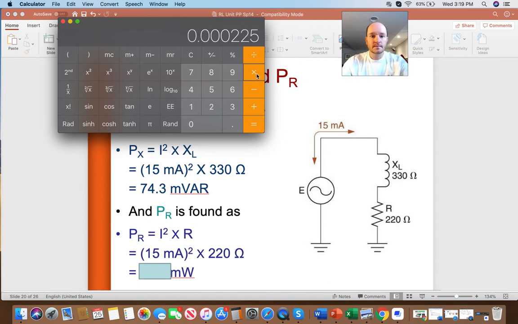Squared, times 220. It's just like being in class when I'm making mistakes. And they're saying that we're getting about 50 milliwatts, because this is across the resistor.